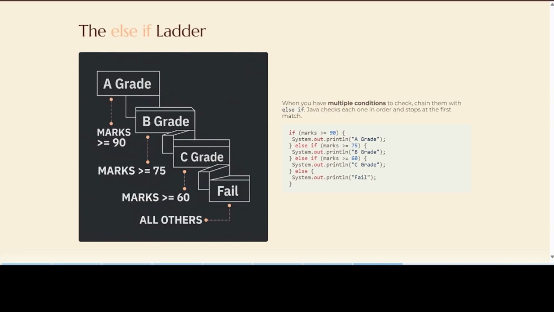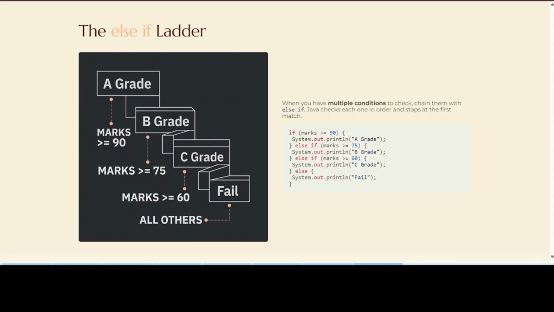So for a real-time example of this else-if ladder, think of standing in a queue. The security checks people one after another. Once your identity is verified, he stops checking further. That's how the else-if ladder works.